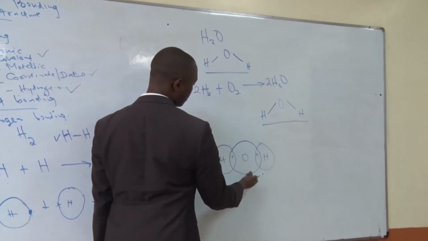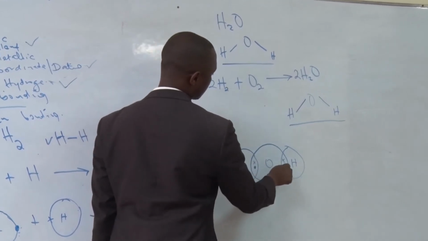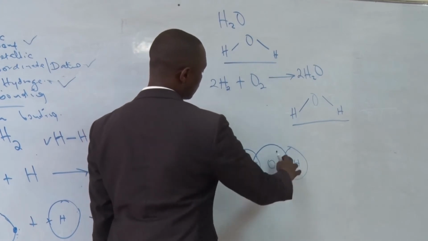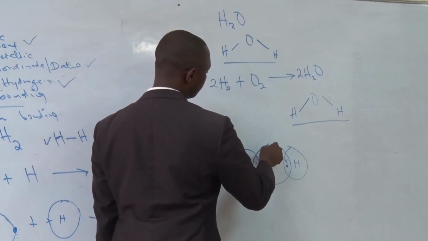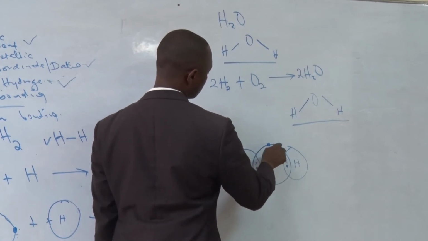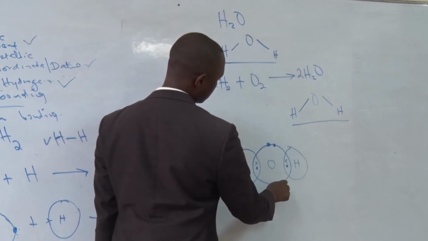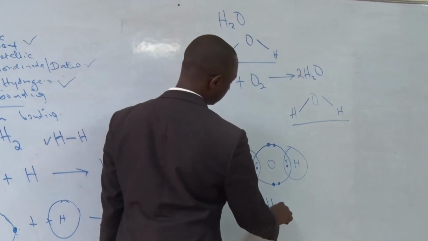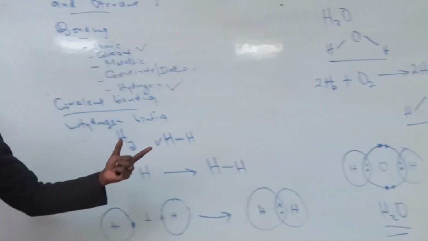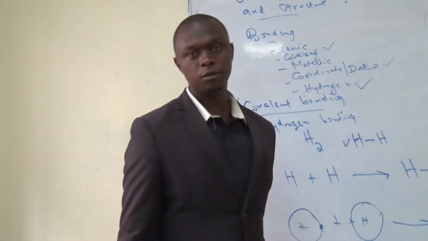So oxygen also donates another one, because they're sharing equally. Already these ones are 1, 2, 3, 4. So we indicate the remaining 4 to show stability. You can use the dot because we had used the X for the hydrogen. So this is water. So again, this is a type of covalent bonding in the formation of water molecule.